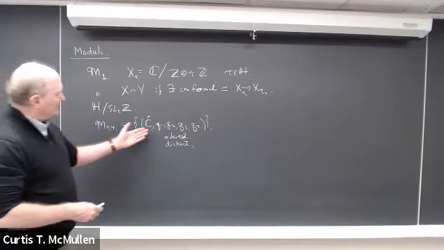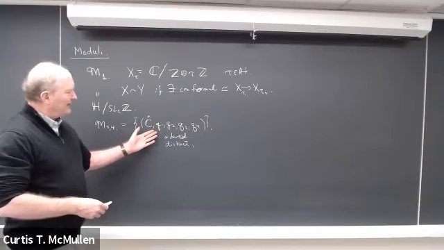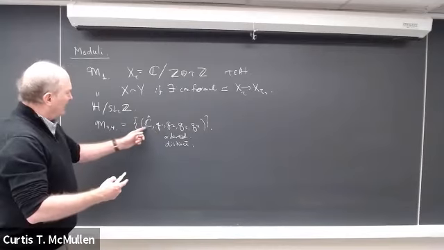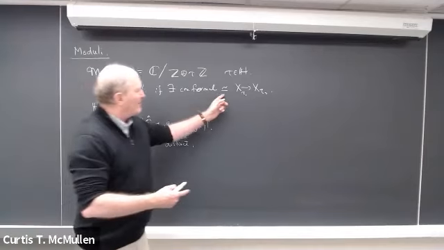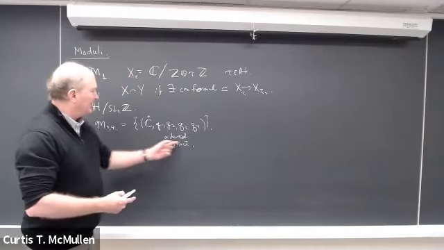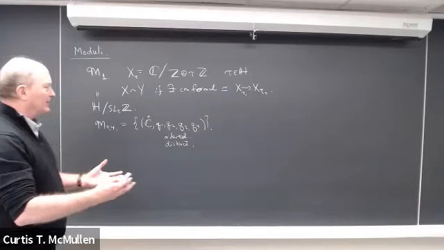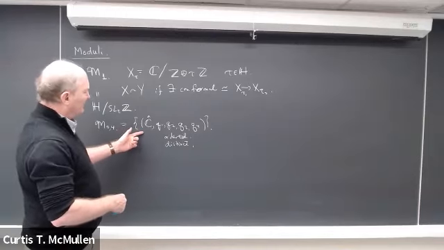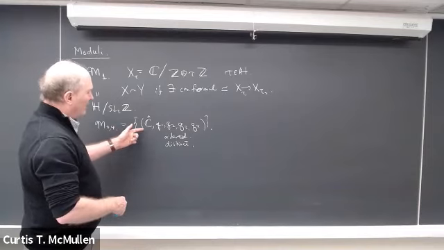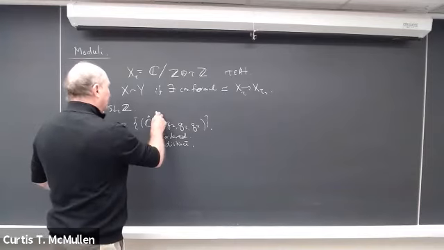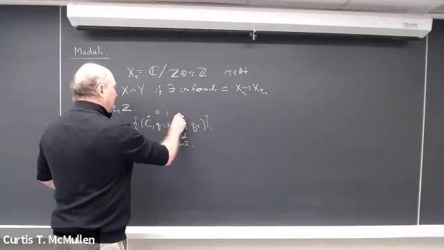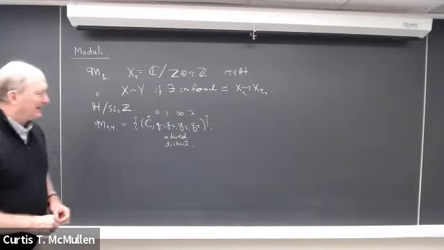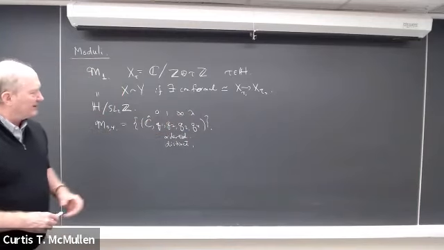And again, we say any two configurations of 4 points on the sphere are equivalent if there's a conformal map from the sphere to itself that sends the Qi's to the other Qi's. Well, we know there's lots of Mobius transformations available, so you can always change coordinates so that the first 3 points are 0, 1, and infinity, and then the last one is some number lambda, which has to be distinct from these 3 points.